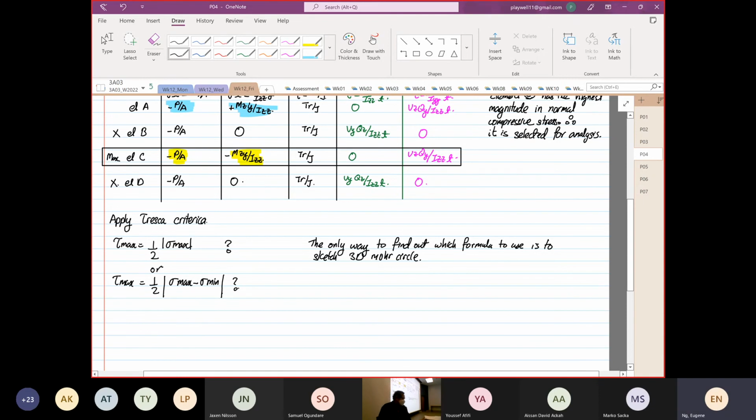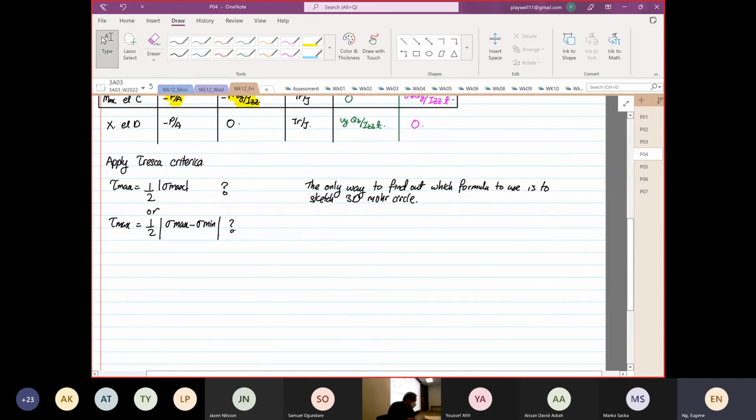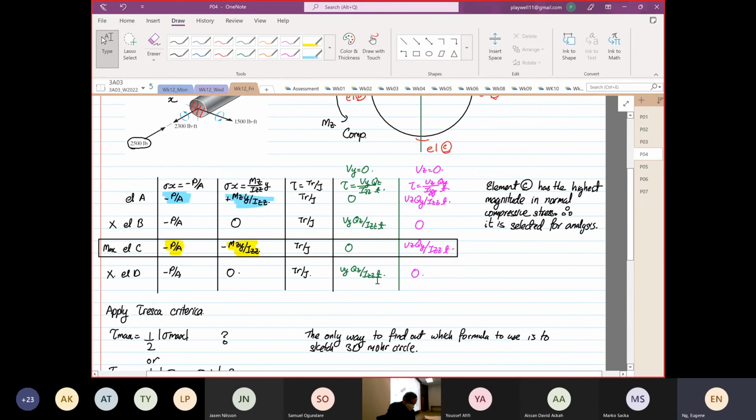So here we go. Now we're going to view this element. I'm going to take the image of the shaft again.